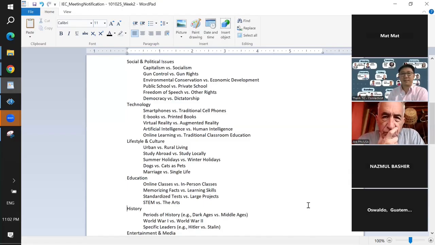The point I would like to share is about smartphones versus traditional cell phones. My point of view is that modern life and modern society have been developed a long time ago, and I love technology.